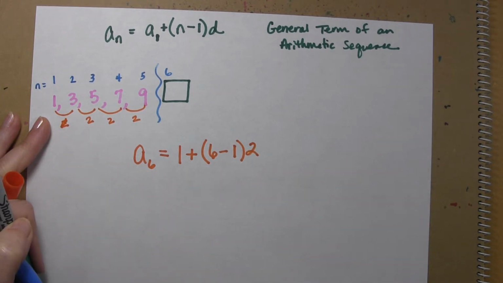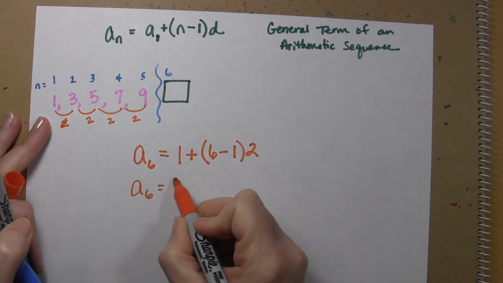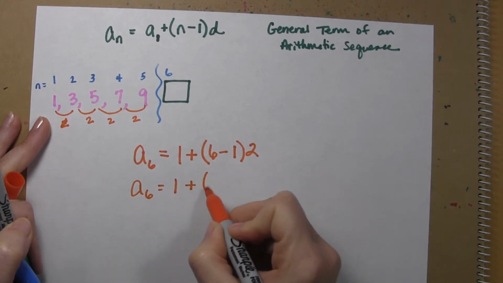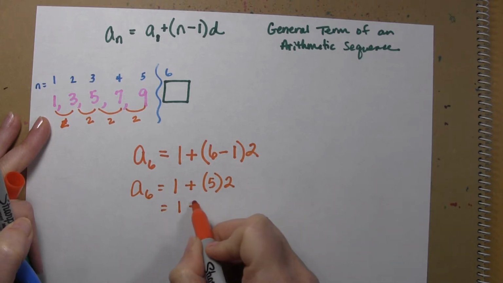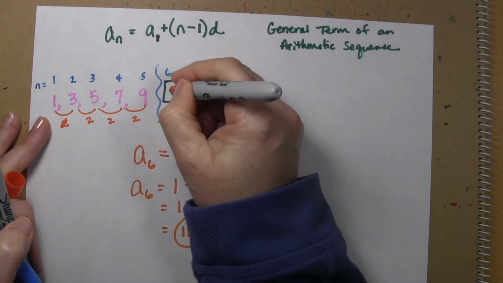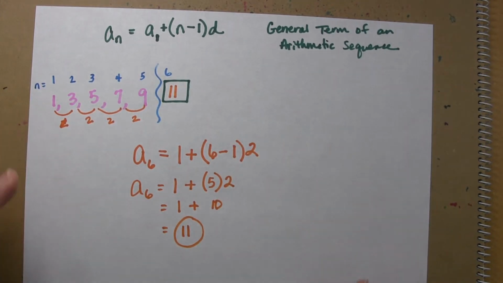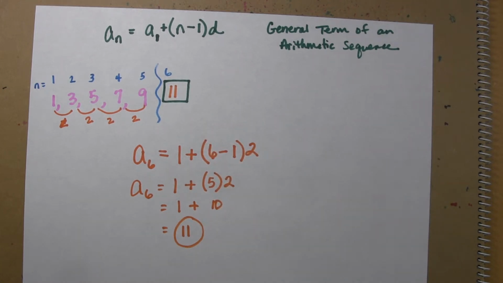Because we're counting by 2. So a sub 6 equals 1 plus 5 times 2. Which is 1 plus 10, which is 11. So it turns out, surprise, surprise, that the sixth term is number 11.